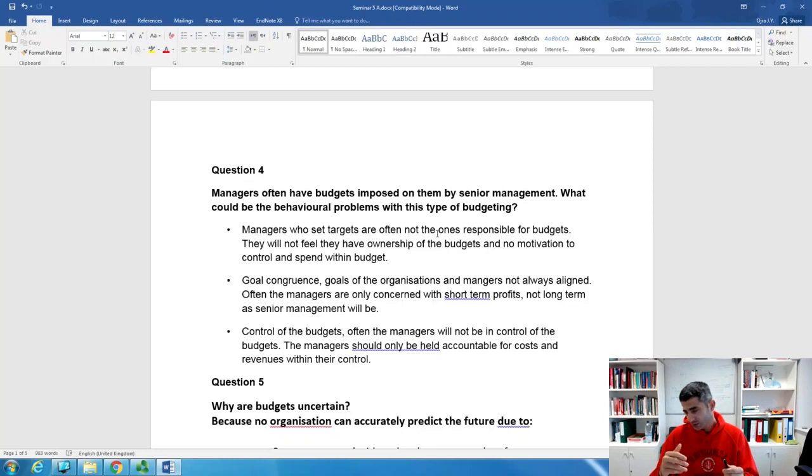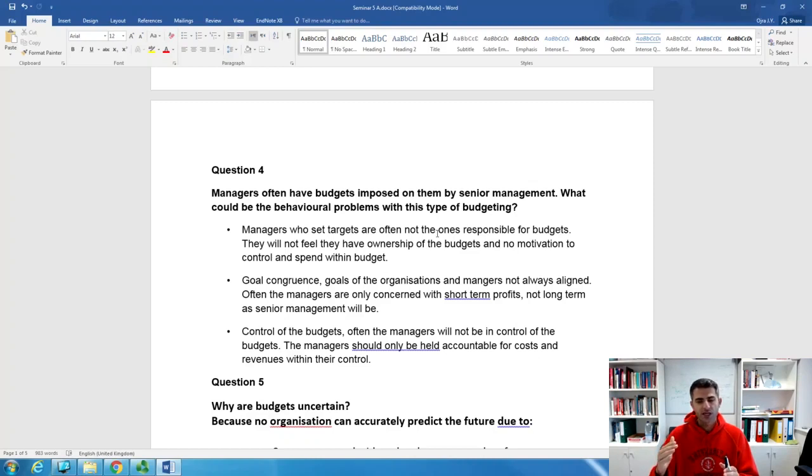Again guys, you need to research, but in summary, if you remember, when setting a budget there are 2 ways. There is bottom up, where management involves individuals to participate in the budget, and this is a way you motivate them and they are more accountable and responsible for their decisions.